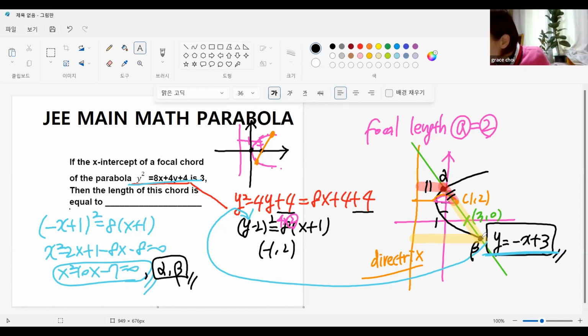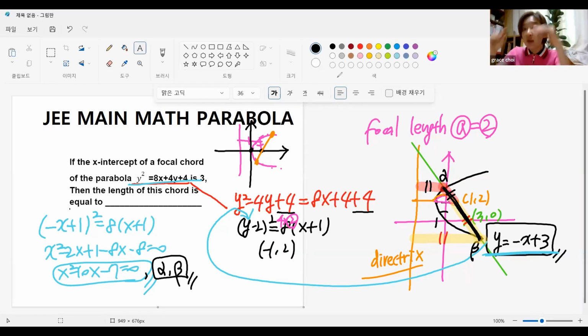Thus, we want to know the distance between the 2 extremities, which is the length of the focal chord.